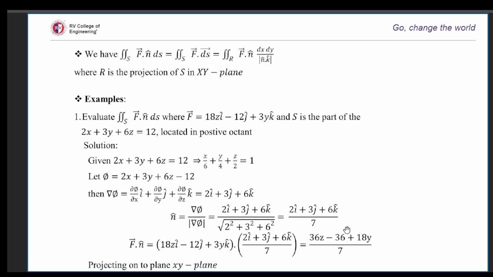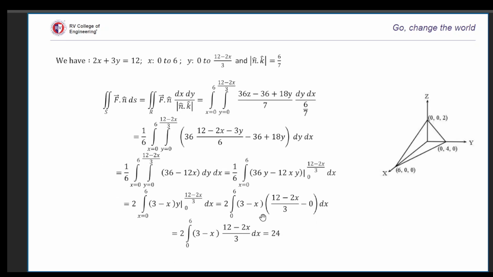Now projecting the surface onto the xy plane, we have a triangular region given by the following expression. Remember, on the xy plane z is 0, so the projection of the positive octant of this surface leads to a triangular region in the xy plane. So this is the formula to evaluate the surface integration.